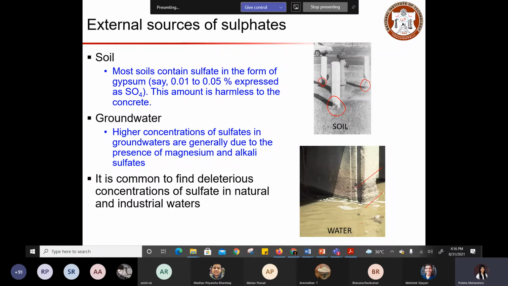And then groundwater with a high concentration of sulfates could result in such sulfate attack. It is most common to see these types of attacks in natural and industrial waters. Such highly concentrated sulfates would be present in industrial wastewaters.